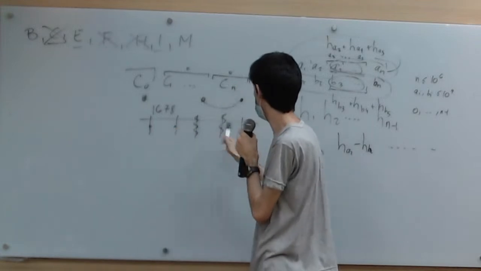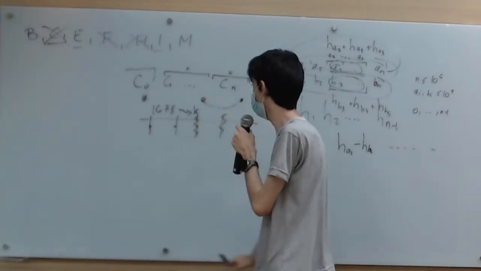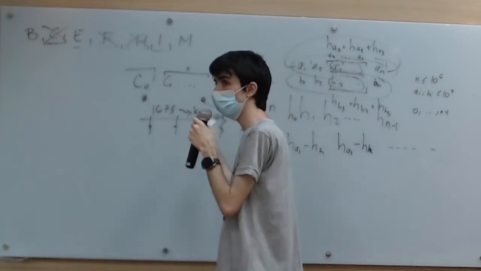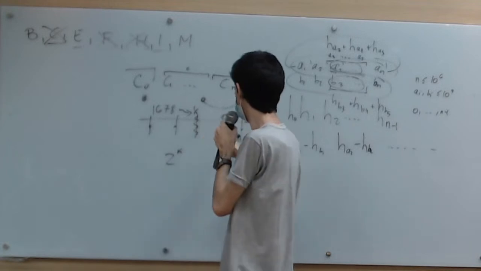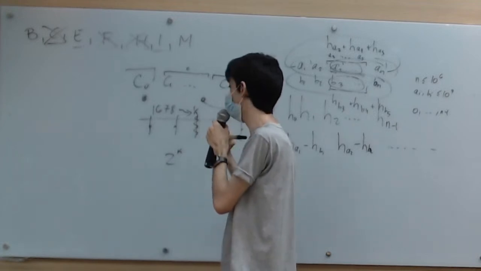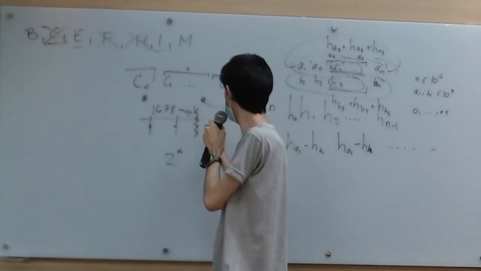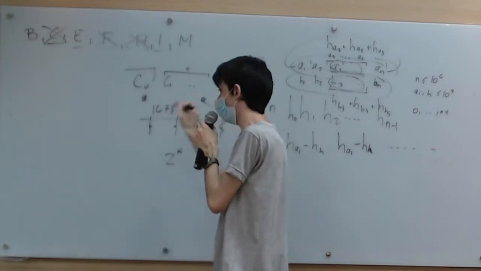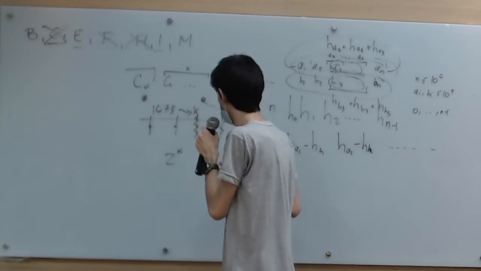And if this number appears k times, then the number of partitions is 2 to the k, which represents all possibilities of choosing or not choosing each separator. But we have to subtract all the possibilities which involve the whole array, because the partition has to have at least 2 elements.